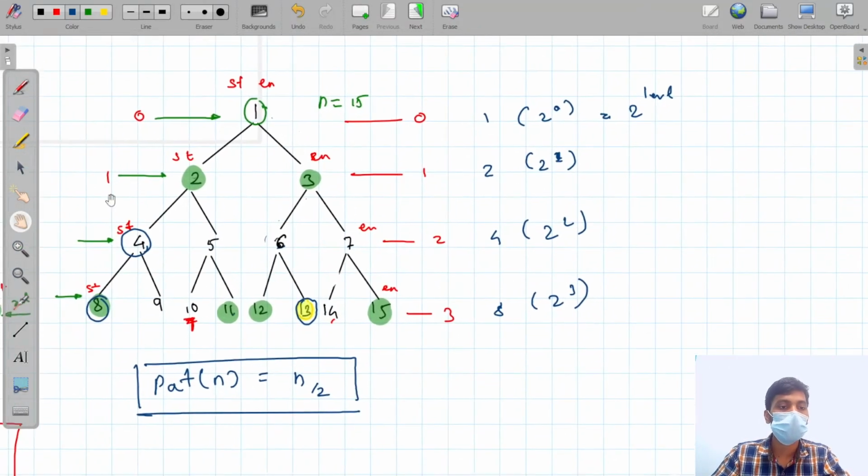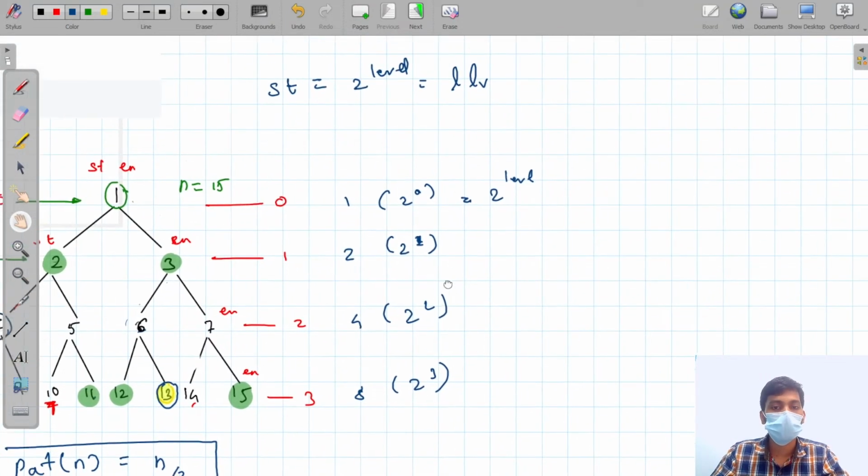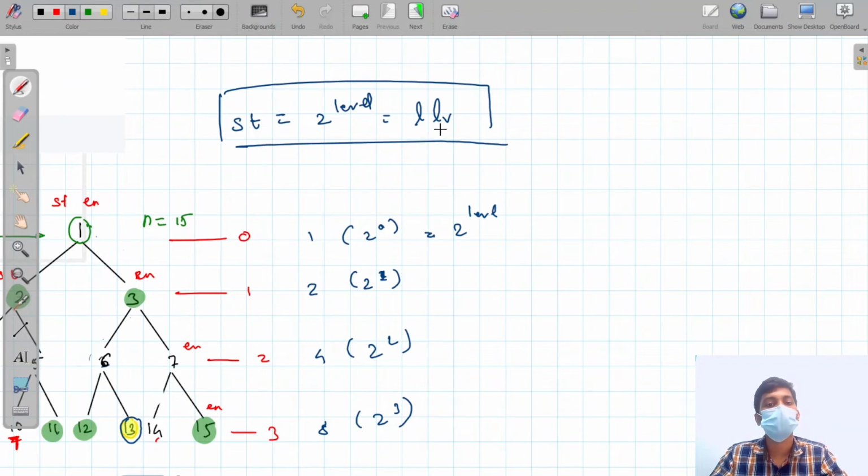Here you can see that the value of the last level is nothing but this 4, that is the last perfect exponential value of 2. This 8 is in this level the last perfect exponential value, right? So first we have derived this, 2 raised to the power level, this is going to be one formula, and we just name it the last level value, right?